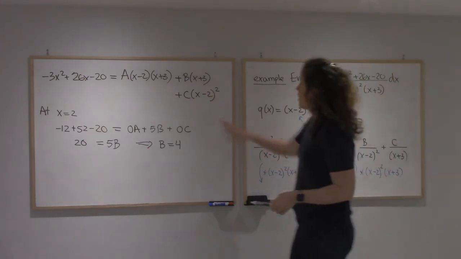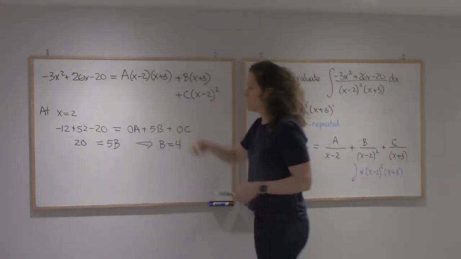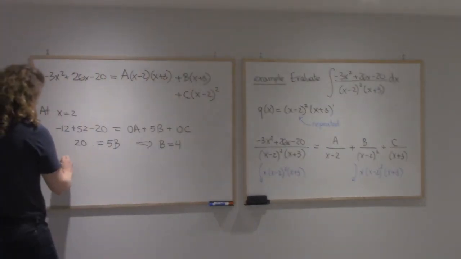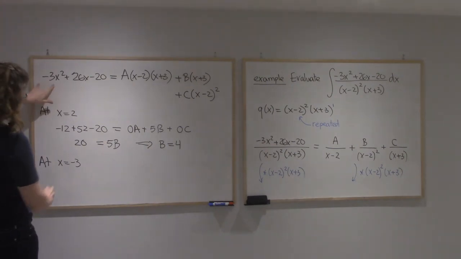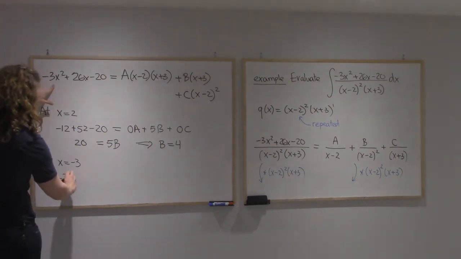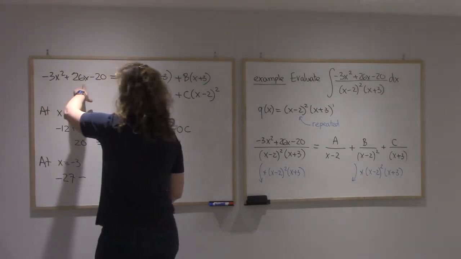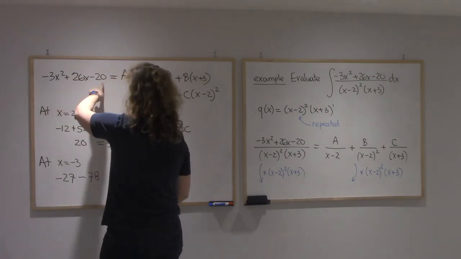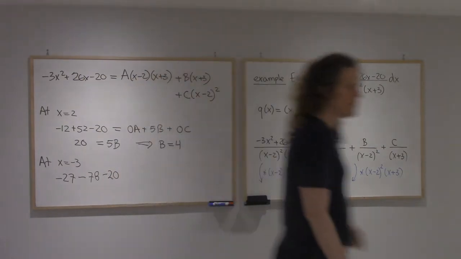I'm also going to plug in minus 3. These two factors will become 0 at minus 3. So here we'll get 9 times minus 3, that's minus 27. Is that right?